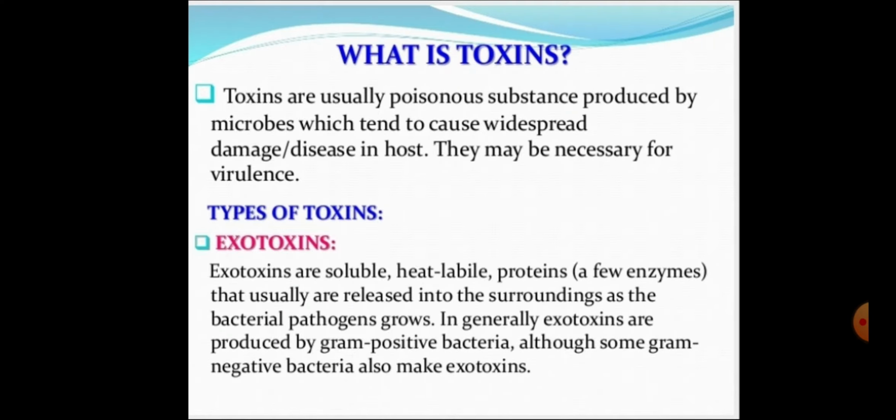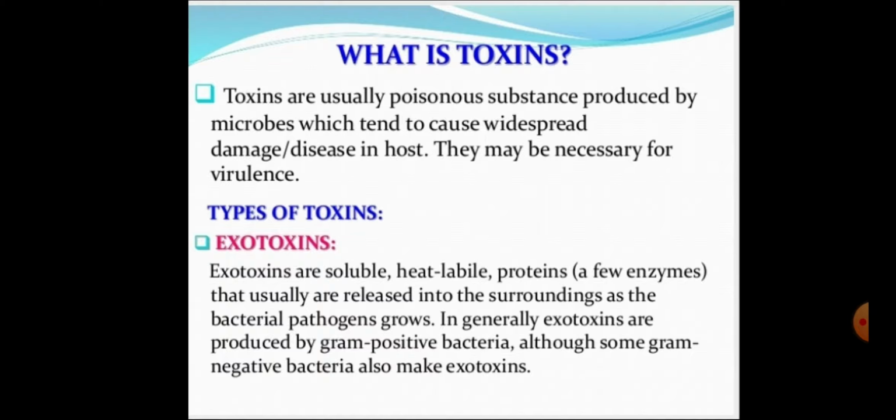Now, toxins. What are toxins? These are usually poisonous substances produced by microbes which tend to cause widespread disease in hosts. They may be necessary for virulence. These toxins are of different types, like exotoxins.